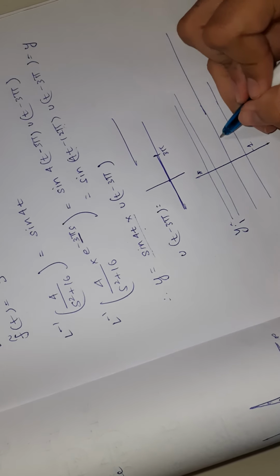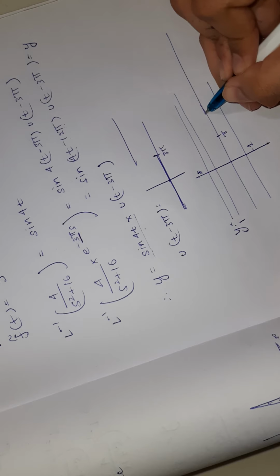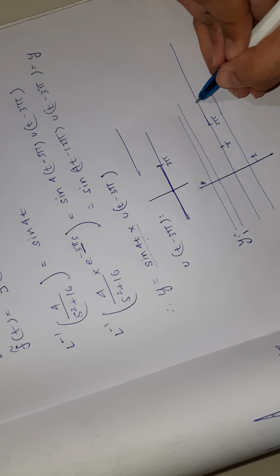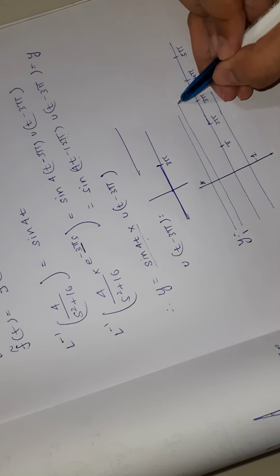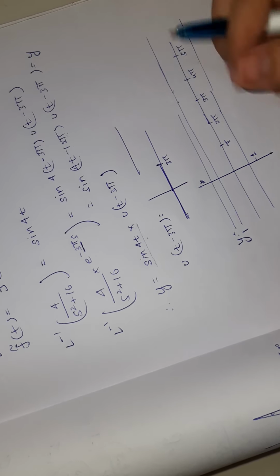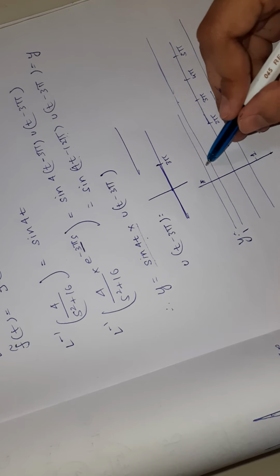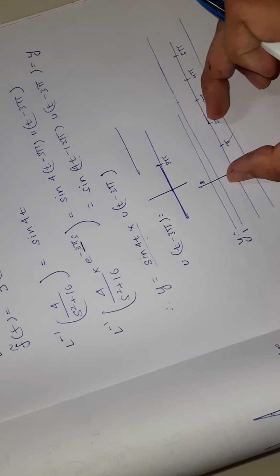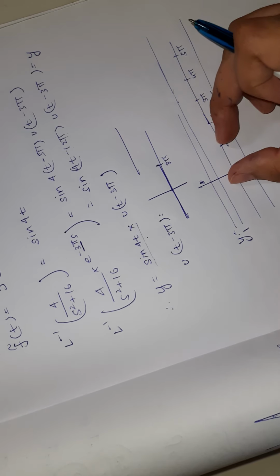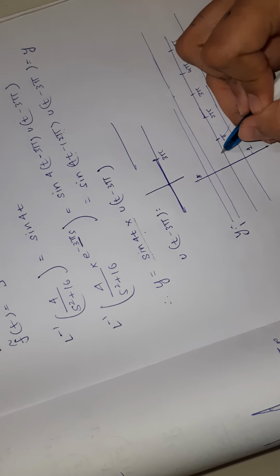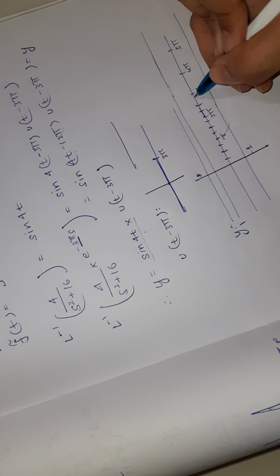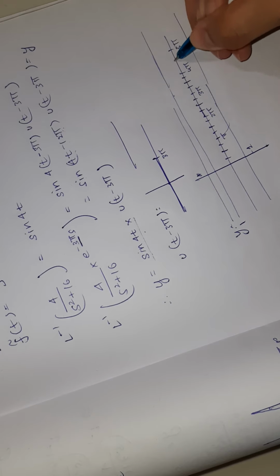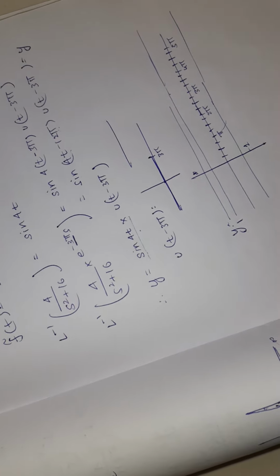So say pi, 2 pi, 3 pi, 4 pi, 5 pi. If one complete oscillation was in this width for sine t, for sine 4t it'll decrease by 4 times. So let me go ahead and divide everything into 4 parts, because it's going to shrink by 4.